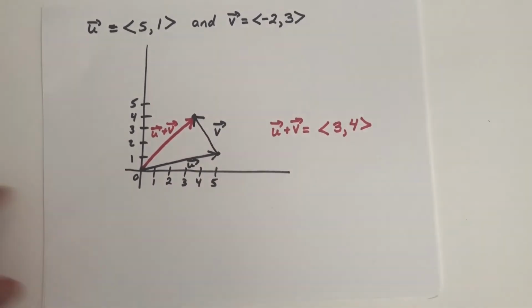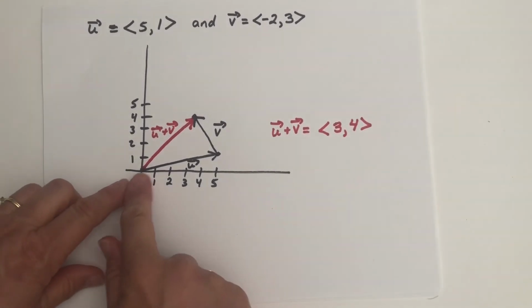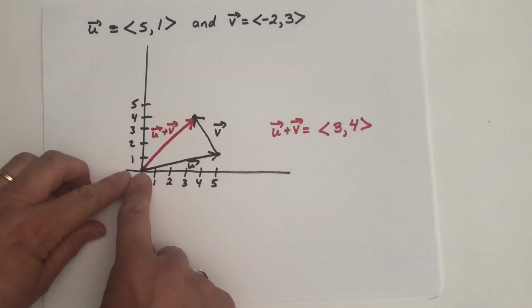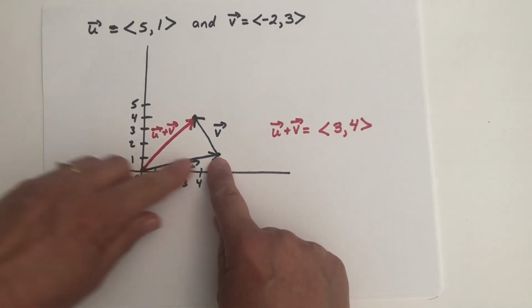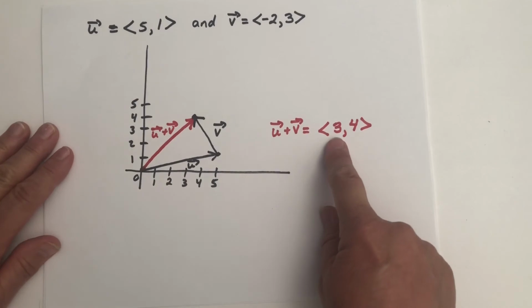Well, where did that 3, 4 come from? Well, notice the x components of u and v. In the first vector, we went right 5, and then in the second vector, we went left 2 for a result of 3.